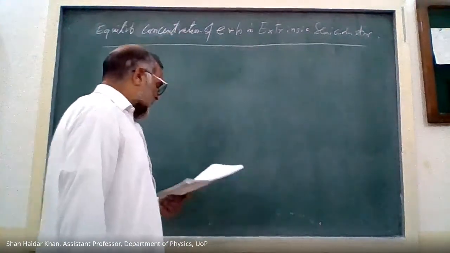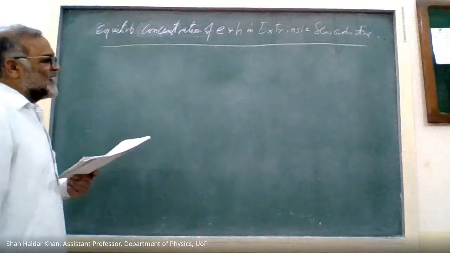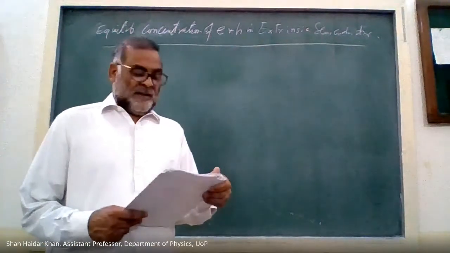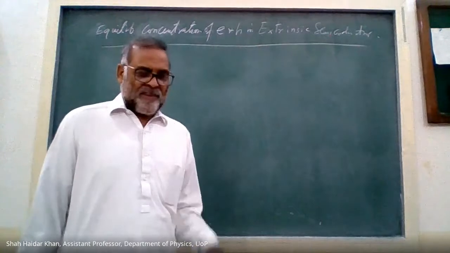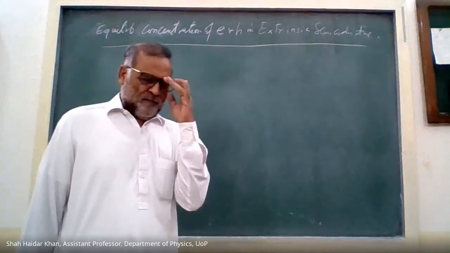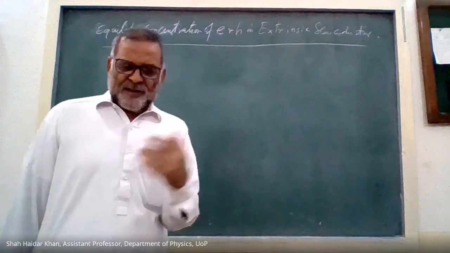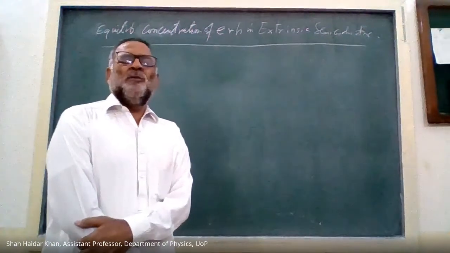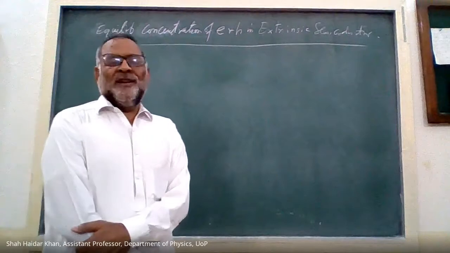We said that the Fermi energy gives you an estimate of where the probability of a level will be half.